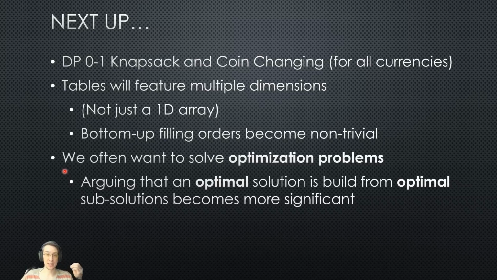I mean, we just did this in the previous problem where we solved an optimization problem for rod cutting, but we didn't argue in detail that the optimal solution for the rod cutting problem is built up of optimal subsolutions. I sort of glossed over it a little bit, where I talked about optimal substructure, but this concern of arguing that a problem has optimal substructure is going to become more important as we see more complicated examples.